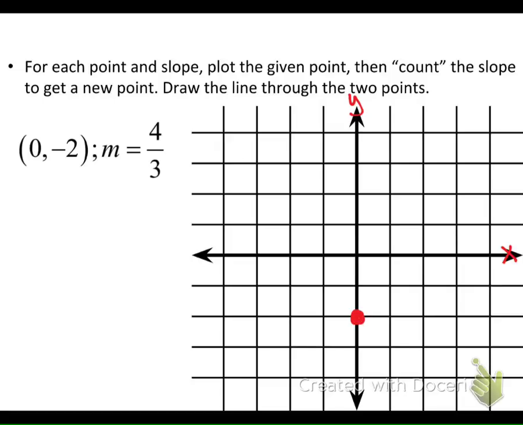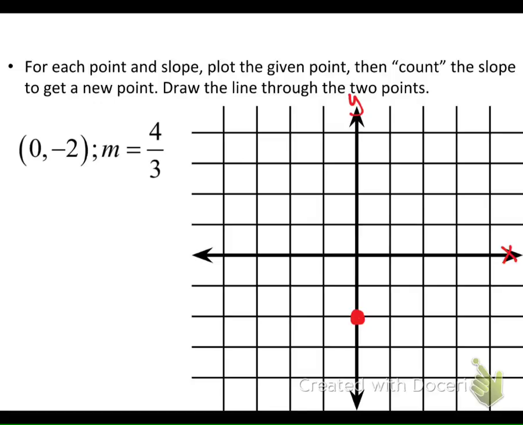So there's my y-intercept. Now, I don't have another point to plot, but I'm going to figure out what the next point will be by using slope. Remember, m equals slope. The top number stands for my rise. The bottom number stands for my run. So I'm going to go ahead and graph the slope.